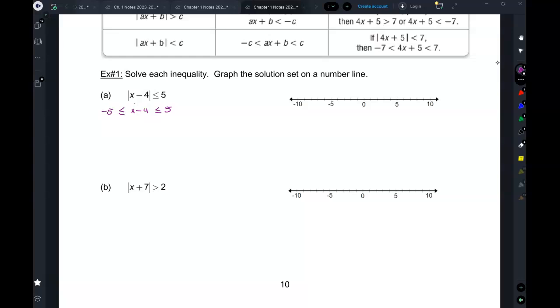Now we solve it just like we did before. Add 4 to all sides. So we have -1 less than or equal to x less than or equal to 9. So that'll be from here to here, and now we're experts at this part.